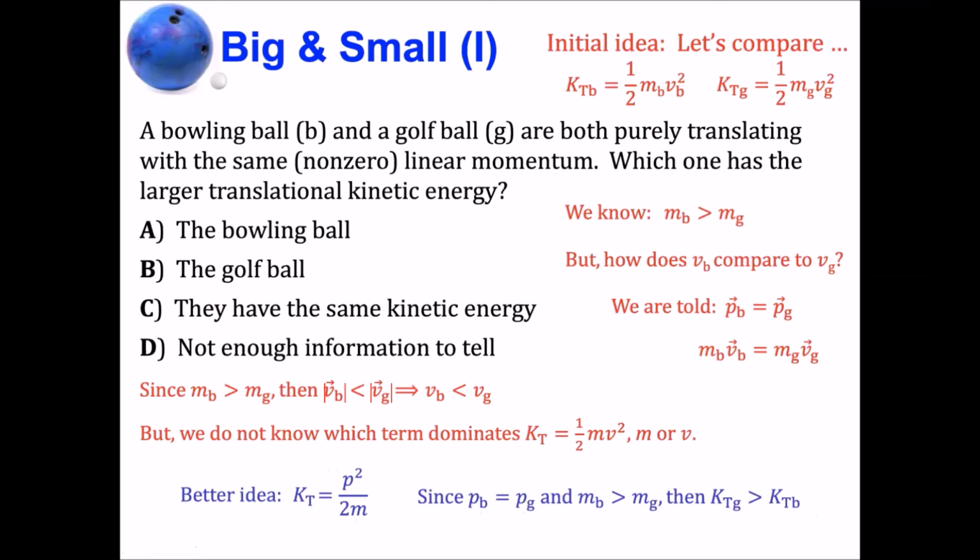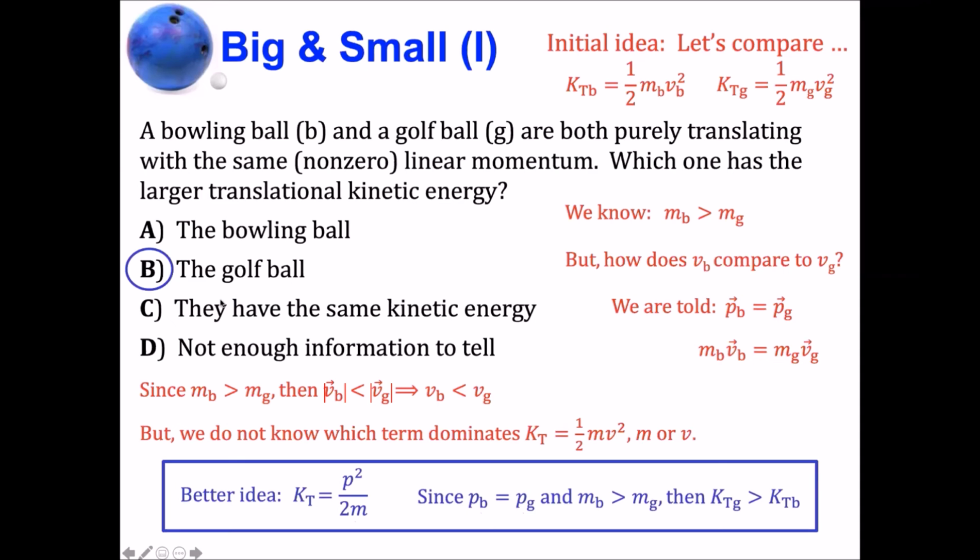With that idea in mind, it's readily apparent that the golf ball must have a larger translational kinetic energy than the bowling ball.